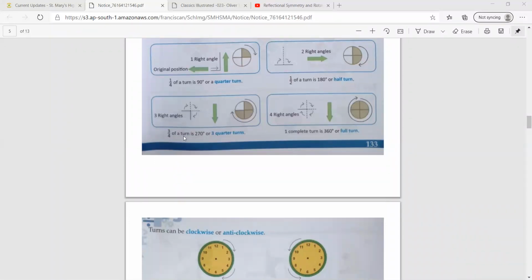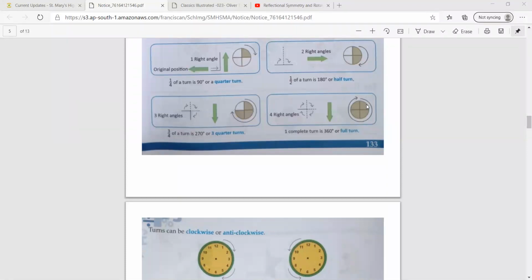And if we are doing 3/4 of the full turn, 3/4 of what is this? This full circle is 1. So if we are doing 1/4, means moving 90 degrees, so it is 1/4. If we are doing 180 degrees, then we are doing half of this full circle. Here we are doing 3/4 of this circle. Okay, so 3 quarter turns means 3/4. And 3 multiplied by 90 is 270 degrees. And one complete turn is 360 degrees.